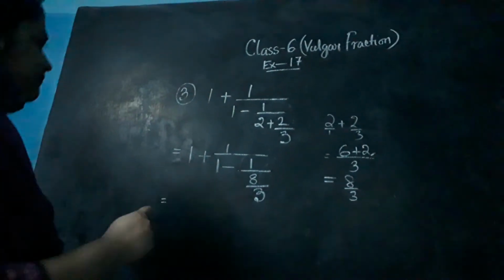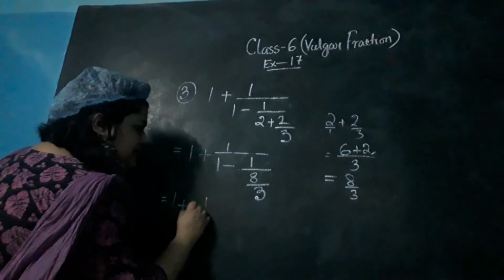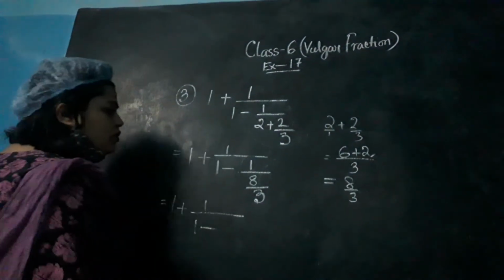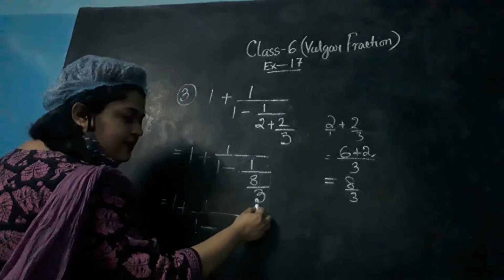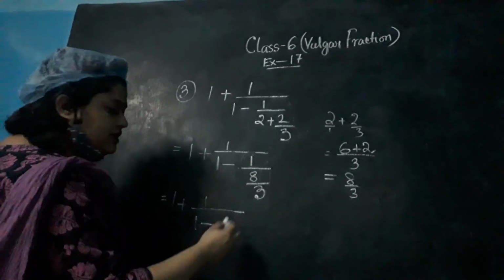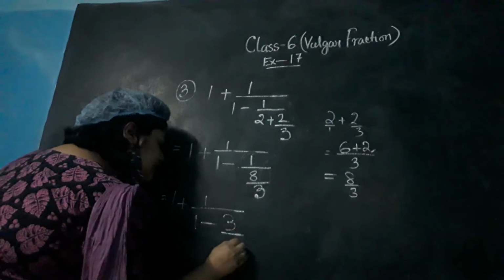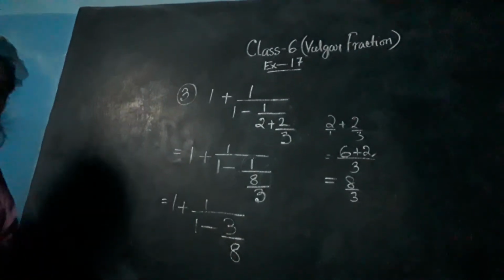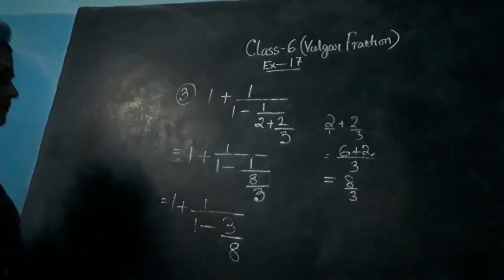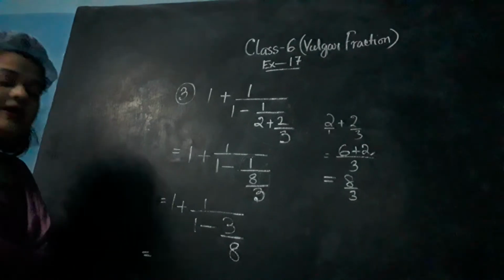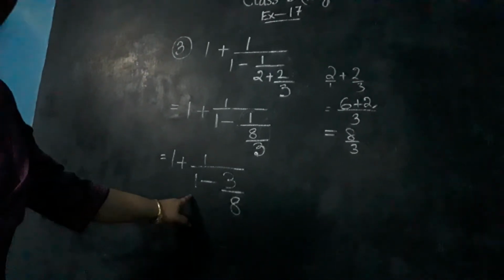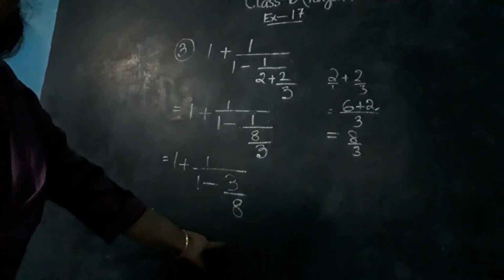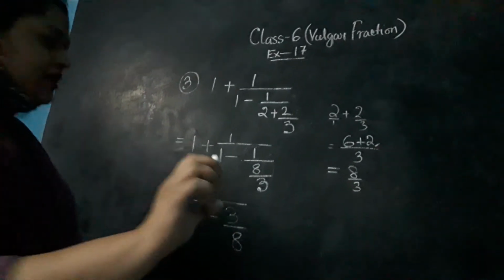So we will write the entire thing the same, and only change this part. 1 by 8 by 3 means the reciprocal, only 3 by 8. Now what you have in the downmost part is 1 minus 3 by 8. So you have to solve this part only.